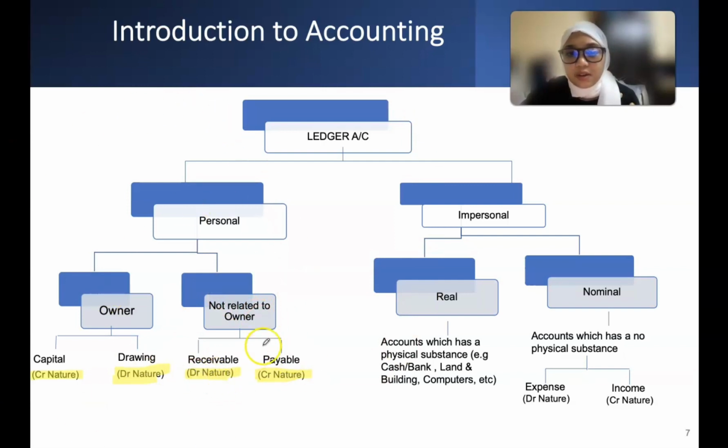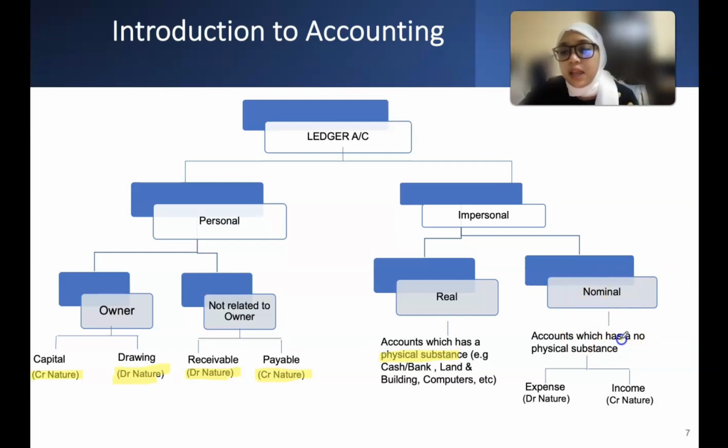So under impersonal, general or nominal ledger, there are two types of accounts: real accounts and nominal accounts. What are real accounts? Real accounts have a physical substance.